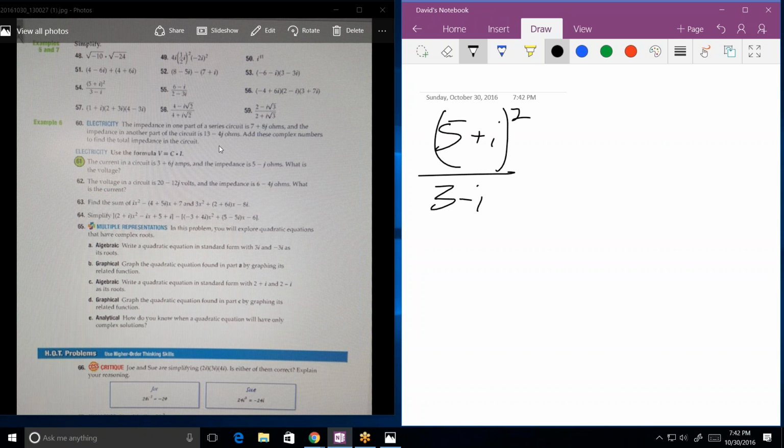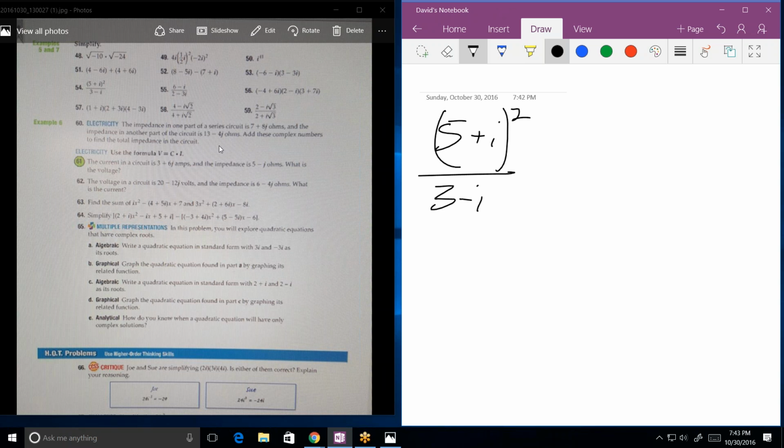Would you square the 5 plus i? I think so, yeah. The only time I might not do that as the first step is if I had a 5 plus i in the bottom that was maybe cubed.